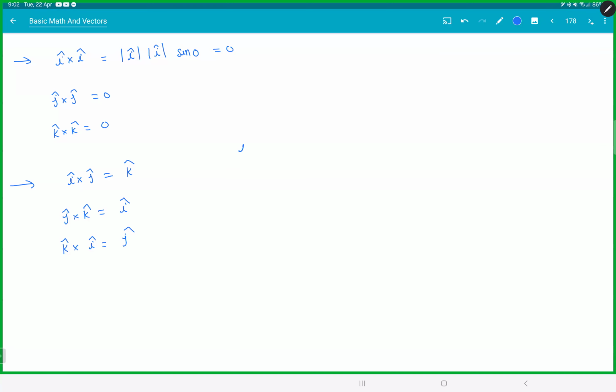Easy way to remember is this. If you have I, j, and k, this is a positive cycle. I cross j will give you k, j cross k will give you I, and k cross I will give you j. So there's an easy way to remember: clockwise rotation. So ij will give you plus k, jk will give you plus I, ki will give you plus j.